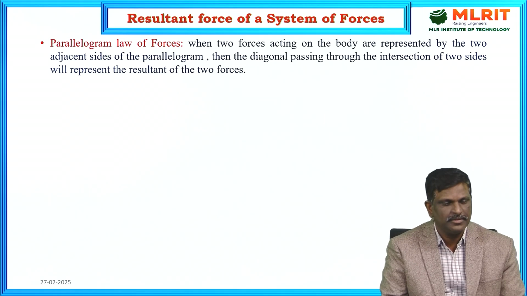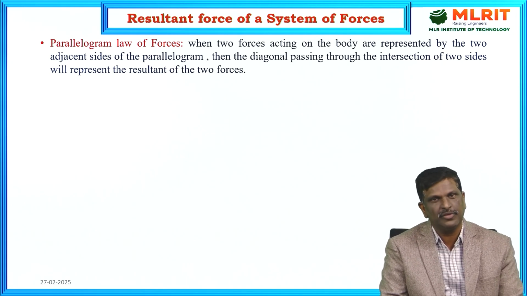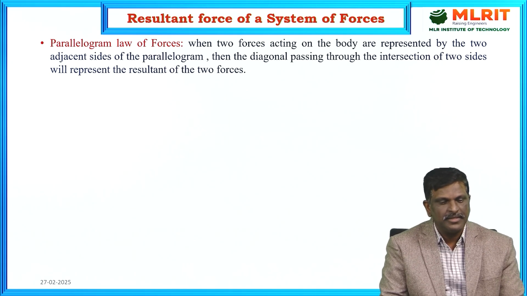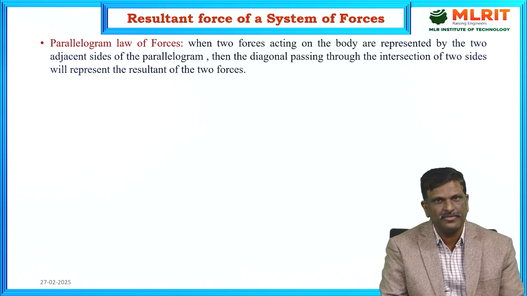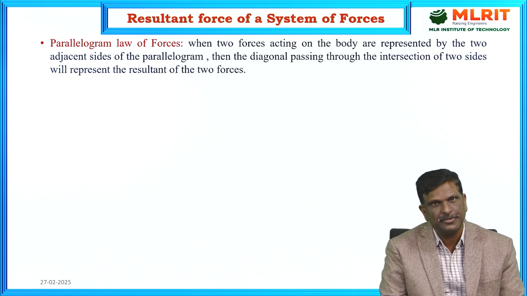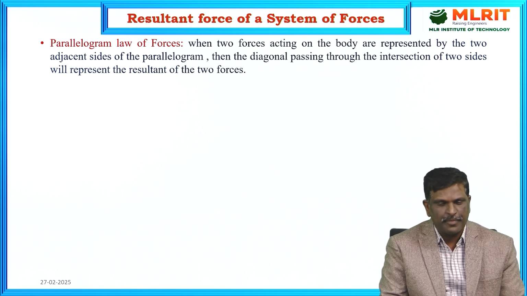Once again, this parallelogram law is applicable only for two forces, but this is the basis for finding the analytical formula, which we will see in the later slides. See the parallelogram law.